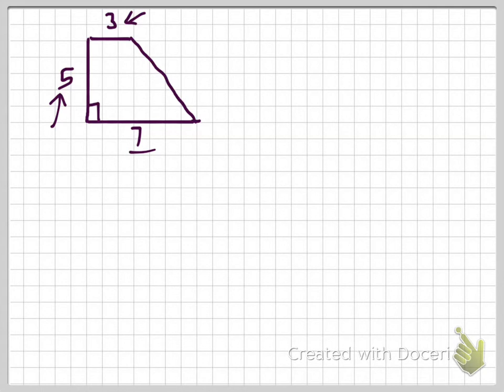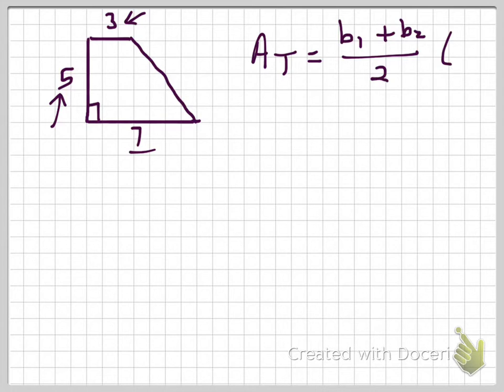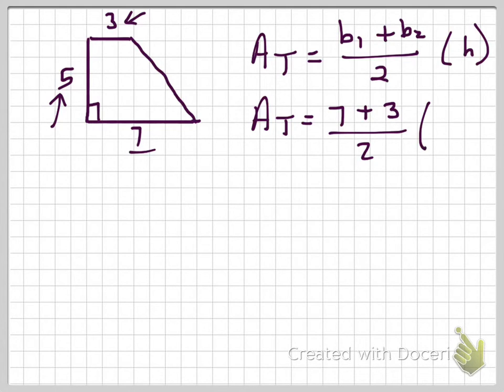Let's plug those into our formula. Area of a trapezoid is equal to base 1 plus base 2 divided by 2 times the height. Now for my substitution step, base 1 is 7. Base 2, the one on top, is 3, although it doesn't really matter, by the commutative property, the order wouldn't matter. Divided by 2, and my height is 5.